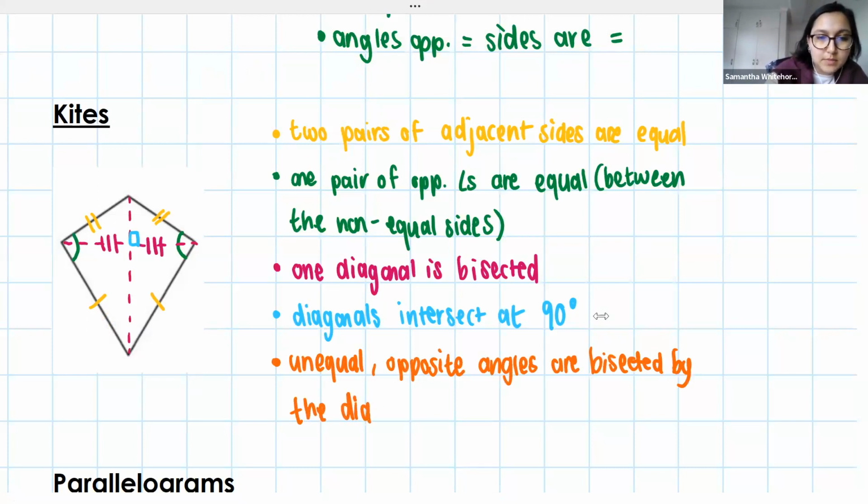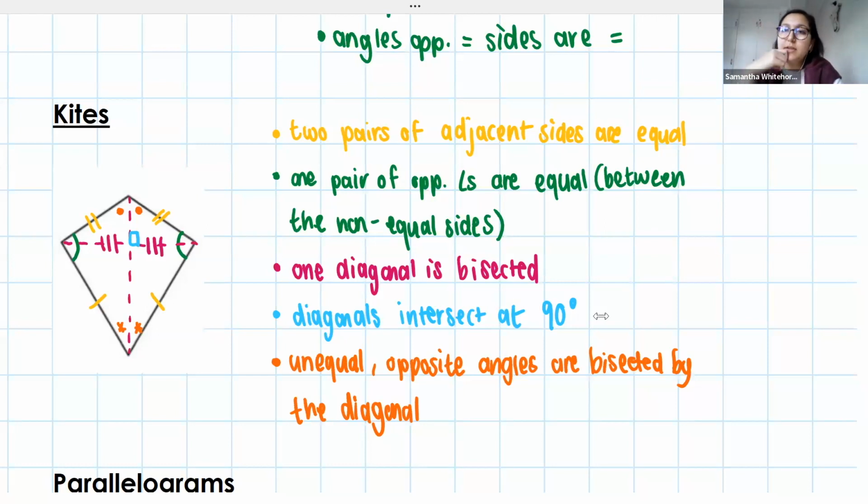Okay, and so what that means is that the angle at the top gets cut exactly in half, and the angle at the bottom gets cut exactly in half. Okay, so the diagonal cuts the non-equal angles in half.